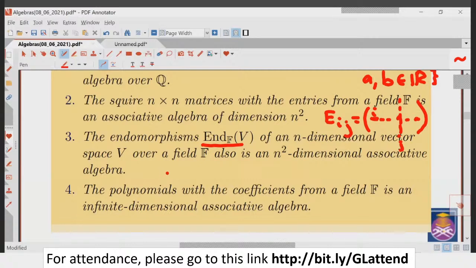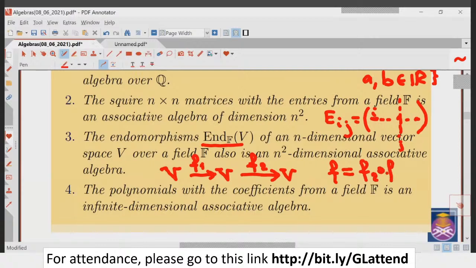You have one operation. Endomorphism means a linear transformation from V into V. If you have f1 and f2, then you may consider their composition, f1 after f2 or f2 after f1.